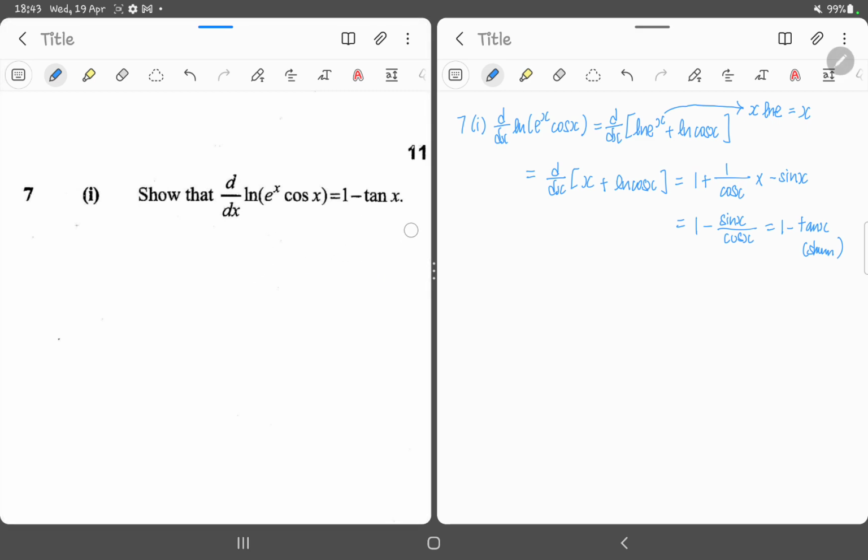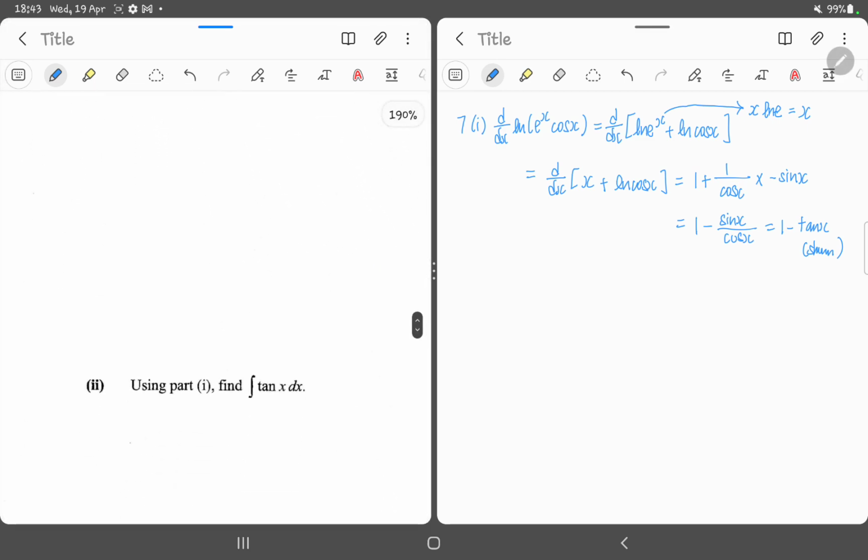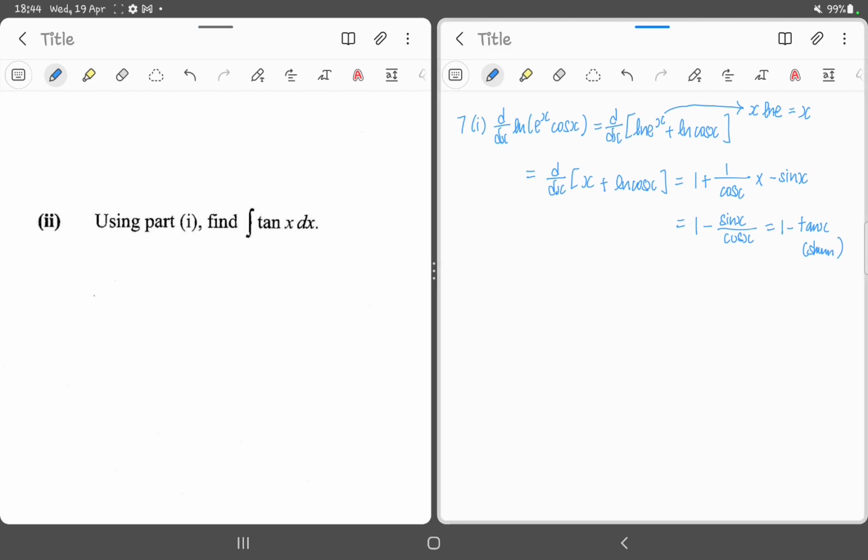So let's move on to question 7 part 2. Using part 1, find the integral of tan x dx. Earlier in part 1, the result we have gotten is that d/dx of ln(e^x cos x) equals 1 minus tan x.